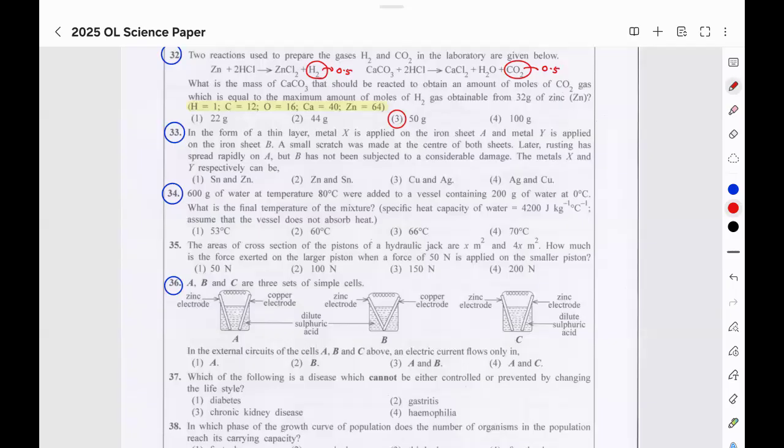Later, rusting has spread rapidly on A, but B has not been subjected to considerable damage. The metals X and Y respectively can be. What are they?